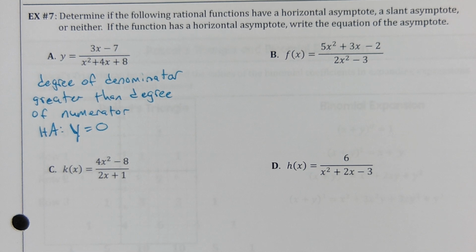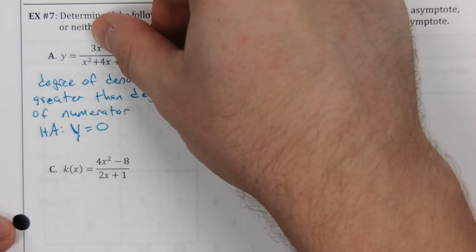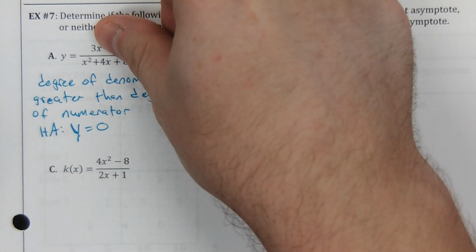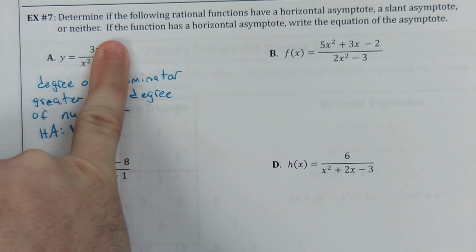All right? Remember, what we're talking about is what's happening as x gets really, really big. So as x gets remarkably big, the top of this thing starts to behave like 3x. The bottom of this thing starts to behave like x squared.